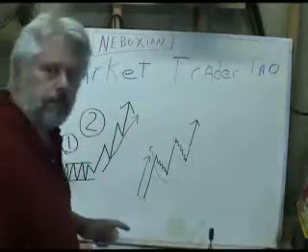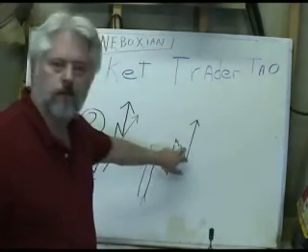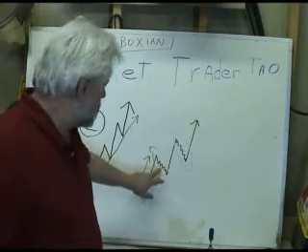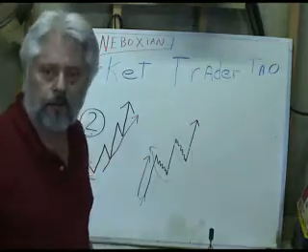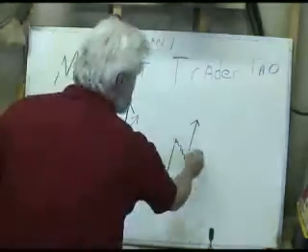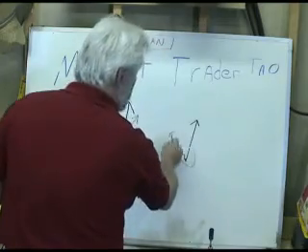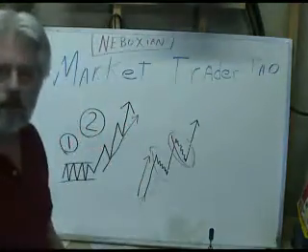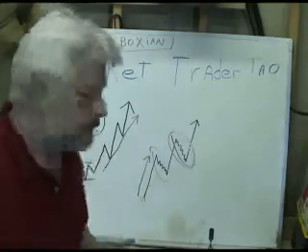Typically, if a triangle develops here, you won't see a triangle develop here. You'll usually have a triangle in one of the two, but not both. Most of the time, your triangle is going to develop on the second part, because you're going to have people thinking they're at the top.